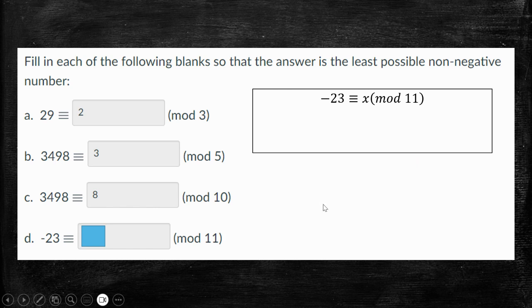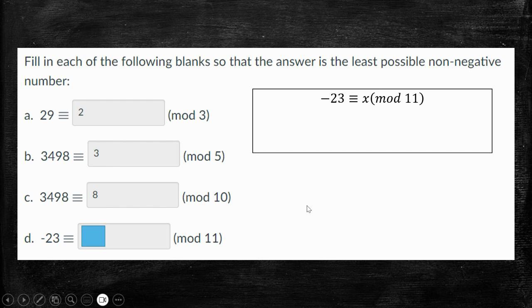This next example is interesting because we do have a negative number, and I want my answer as the least possible non-negative number. And I'm dividing by 11, and we know when we're working in mod 11 that there is a cycle that repeats every 11 numbers.